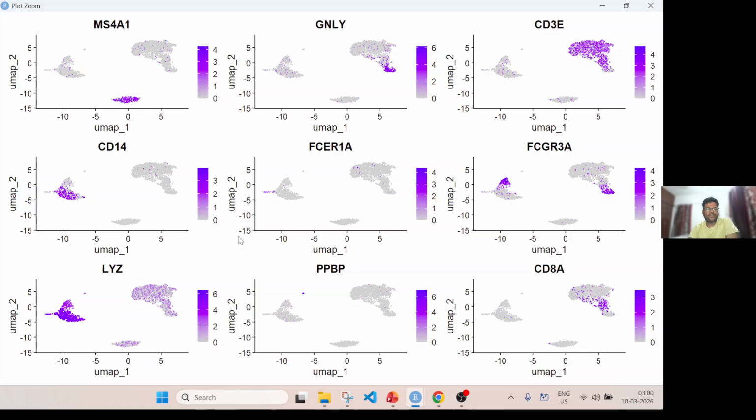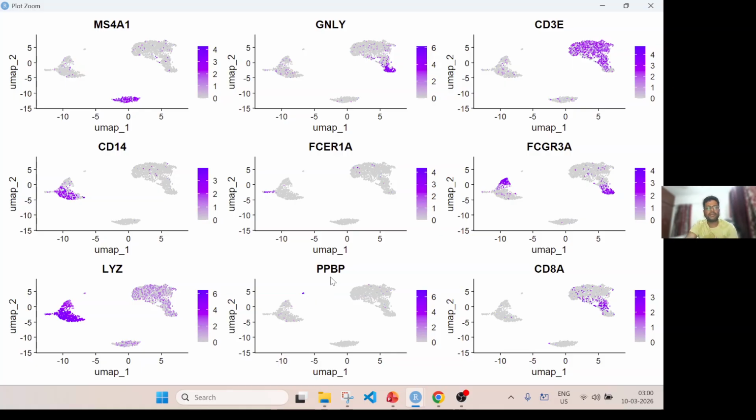This way it helps us. Now this is a very interesting one. You see PPBP, this is just a very small cluster over here, and it is expressed only there. Still a very small number of cells, but that's a very useful signal. These are actually rare cells, because so many cells were there, and of which this will be around 50-60 cells, but still the signal is very strong there.